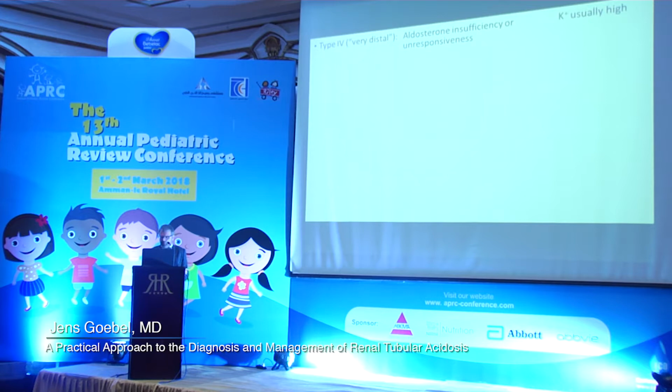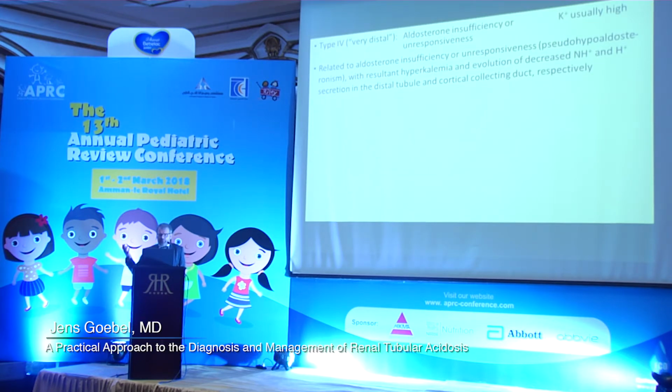We said we're not going to talk about whatever type 3 RTA is because it may not be anything substantial, so we're moving on to type 4. We talked about the fact that it's some sort of aldosterone issue, and therefore it's not surprising that there's typically hyperkalemia. So what kind of aldosterone issues can there be?